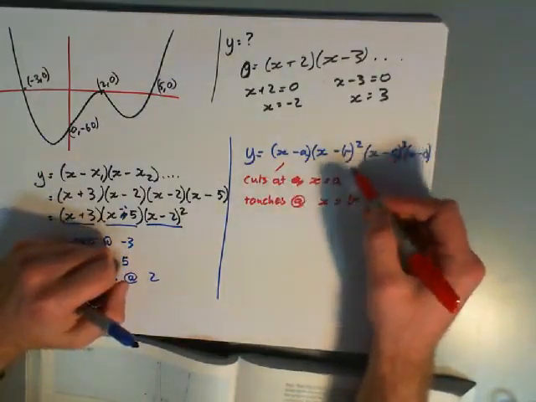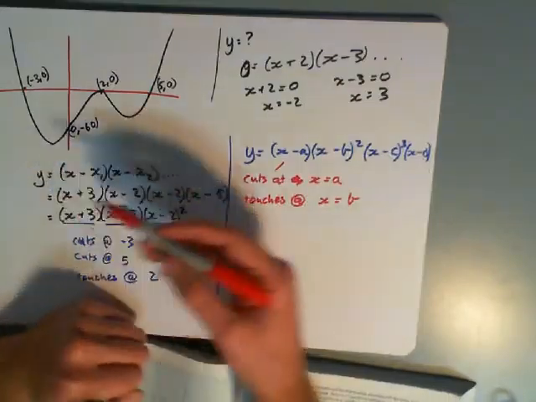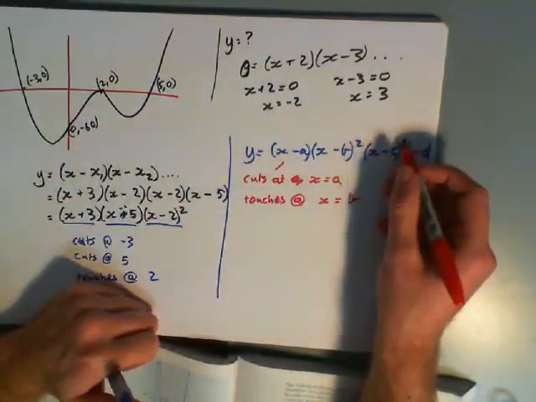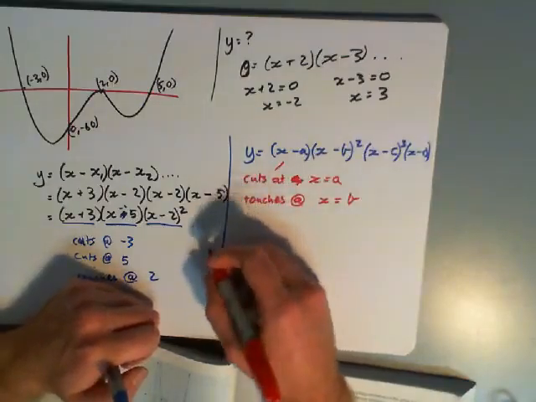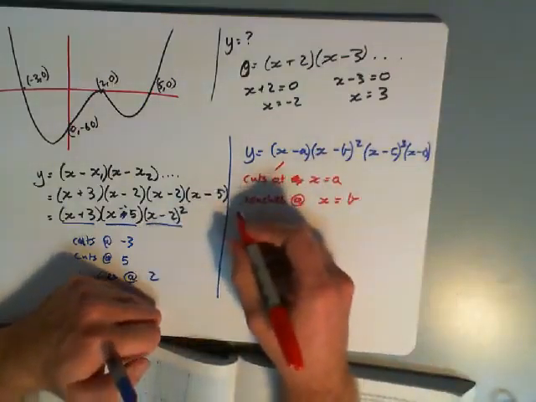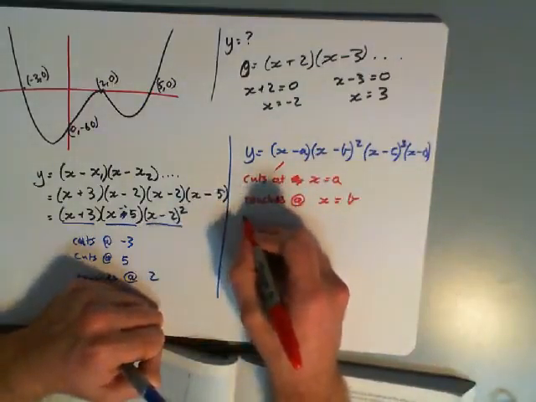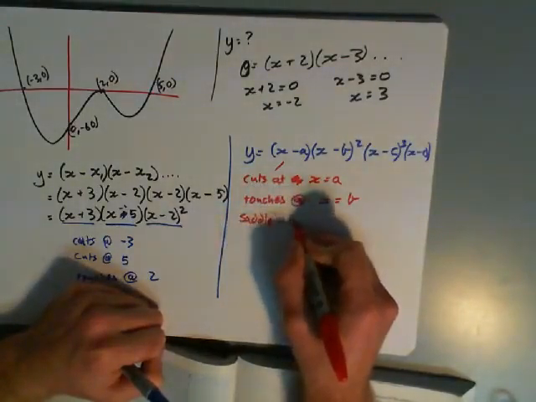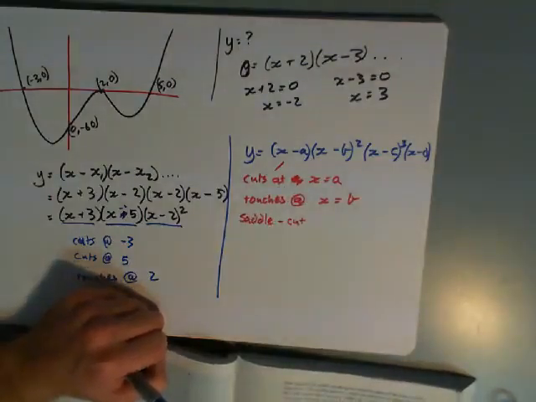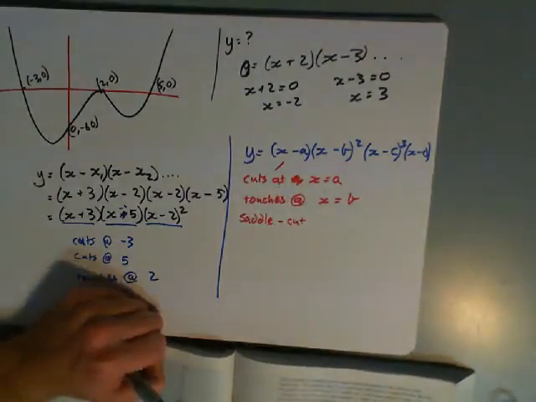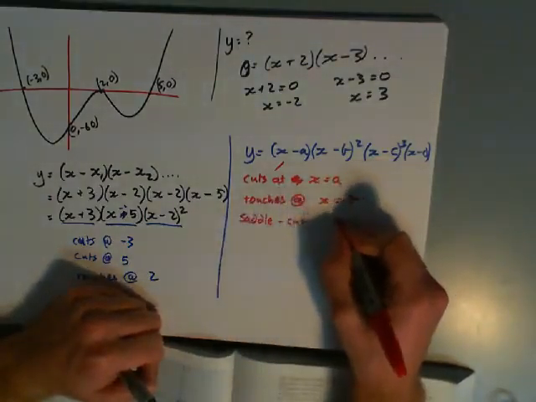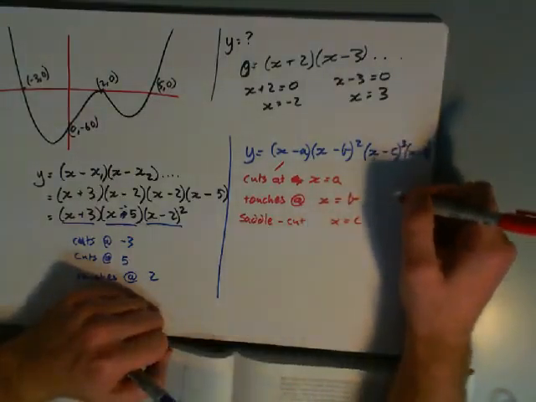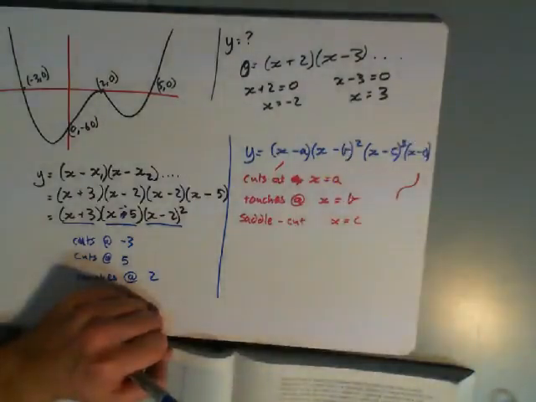Now I didn't have a cubic part in this example, but if we have a power of 3, we did have a look at that in cubics, and that's when we had the stationary point of inflection. So what we can say is it saddle cuts, a bit of a fancy name, at x equals c, okay, stationary point of inflection.